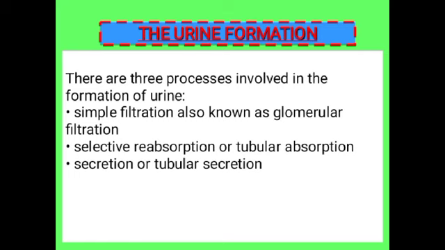Simple filtration, if you've noticed when we were showing the diagram of the nephron, takes place at the glomerular capsule and the glomerulus. Selective reabsorption takes place from the proximal convoluted tubule. Secretion takes place from the distal convoluted tubule, and we are going to talk about more of this.